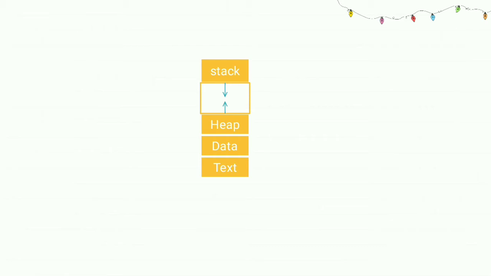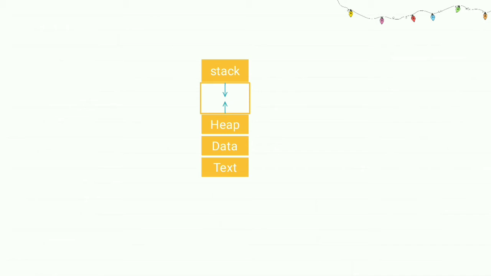Next comes the data section. The data section contains the values of initialized and uninitialized global variables in the program. And the text section consists of the set of instructions to be executed for the process.